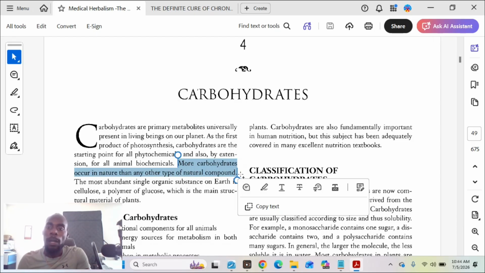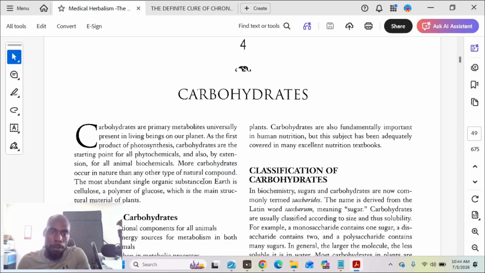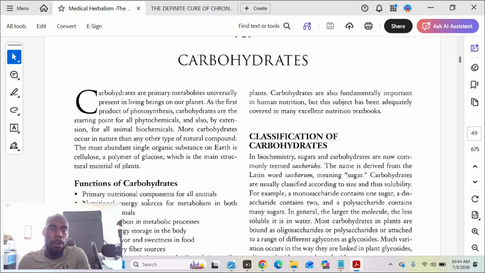So we need carbohydrates more than anything because everything is built up and made up of carbohydrates. The most abundant single organic substance on Earth is cellulose, a polymer of glucose, which is the main structural material of plants.